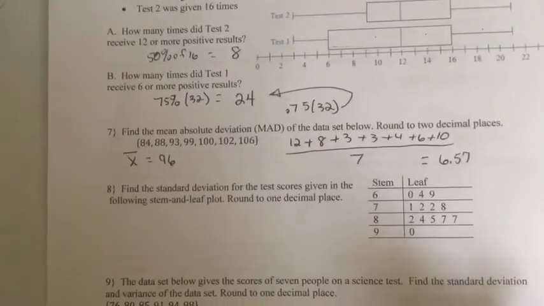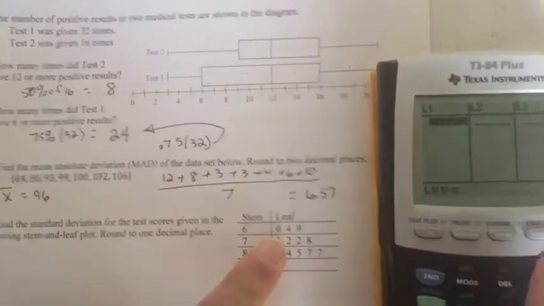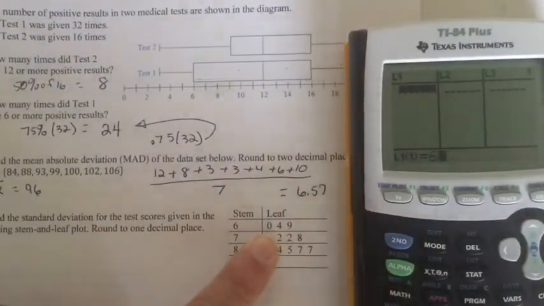All right, number 8 is another standard deviation. This time you have to read the stem and leaf plot. Quite a bit of numbers, so I definitely recommend using the calculator. Let's go ahead and enter that one in. So your values are 60, 64, and 69.